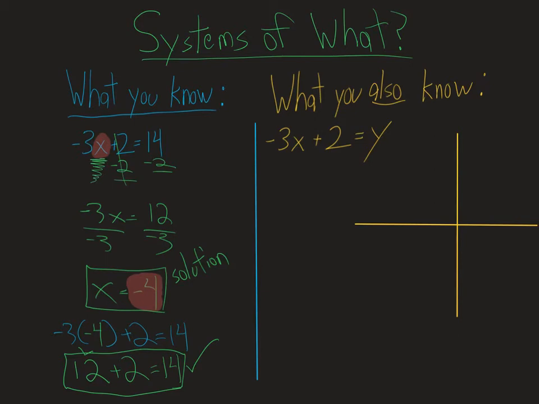Okay, what else do we already know? We've got this -3x plus 2 equals y. We know how to graph that. First of all, I'm going to put some marks onto my XY axis so I can graph. Try to keep them equal because we need that.